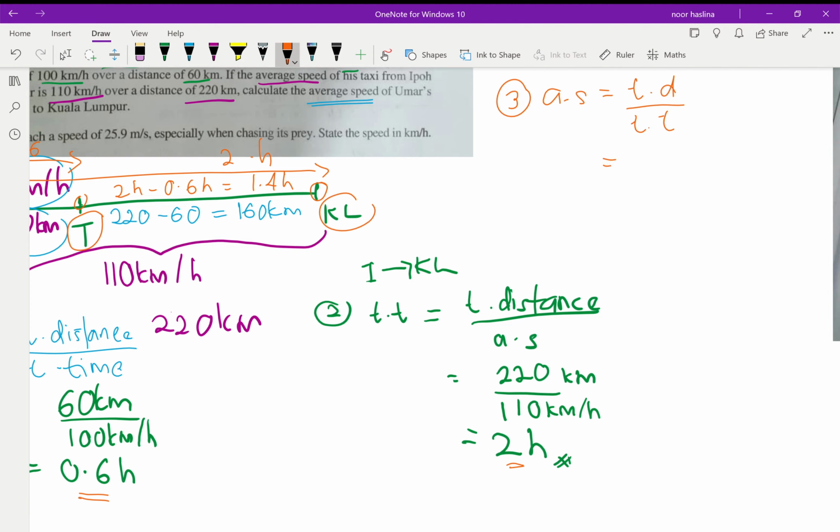Total distance is 160 kilometer, and total time is 1.4 hour. So 160 over 1.4, you get 114.29 kilometer per hour. So there are 3 steps here to get the answer.